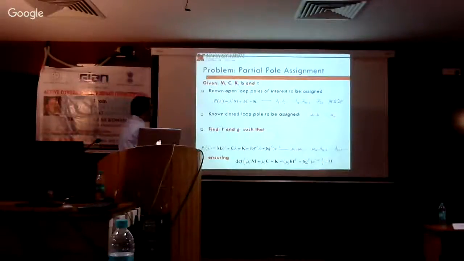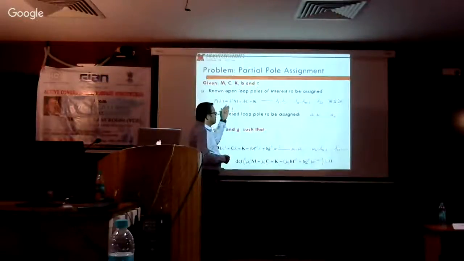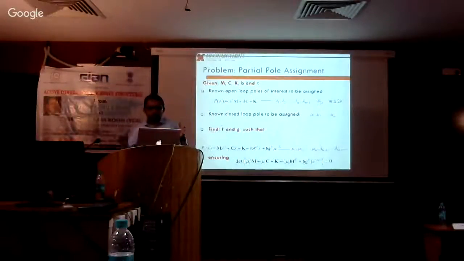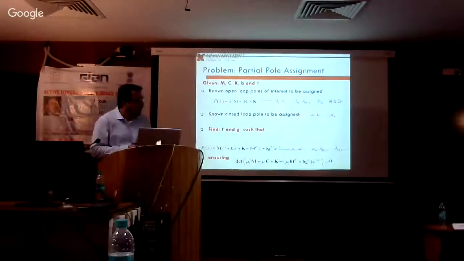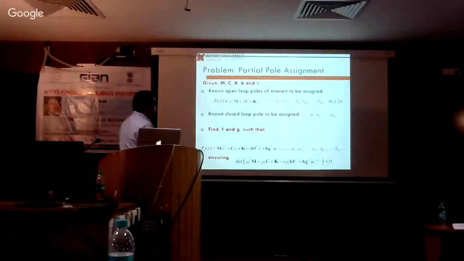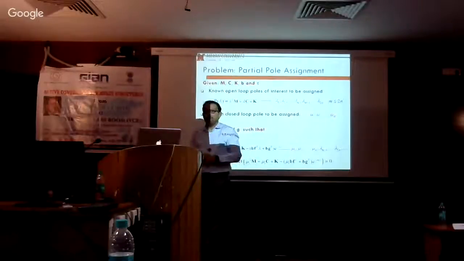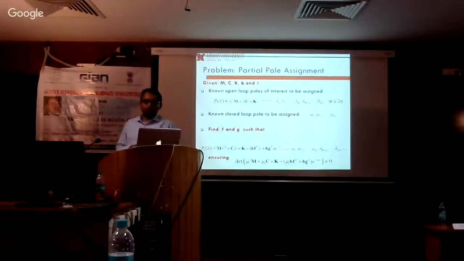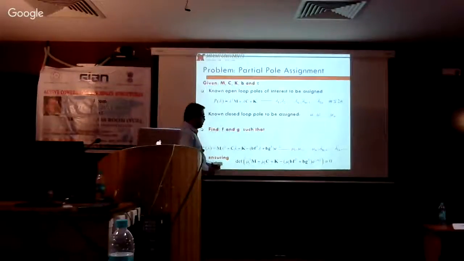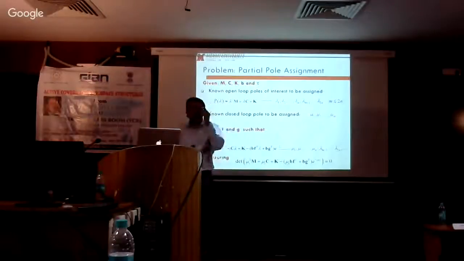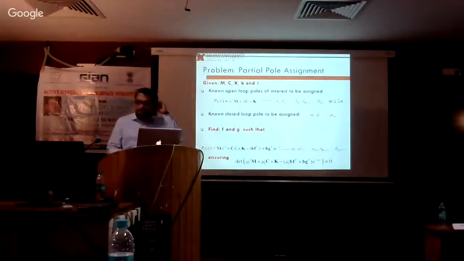We wanted this system, which has open loop value of 2n, to change m number of poles and keep 2n minus m number of poles. So we want to move lambda 1 to lambda m, to mu 1 to mu m, and retain lambda m plus 1. We want to find f and g such that it will satisfy this characteristic equation. If I satisfy this, I made the case that the pole placement has been done.